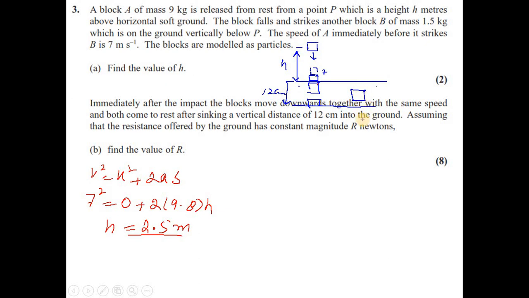When it is sinking in the ground, the block is experiencing two forces. Number one is the weight acting down, and the constant resistance force R, and we need to figure out this R. But the particle is sinking down, which means it has some acceleration, because the initial velocity was something else but the final velocity is 0, so velocity is changing.